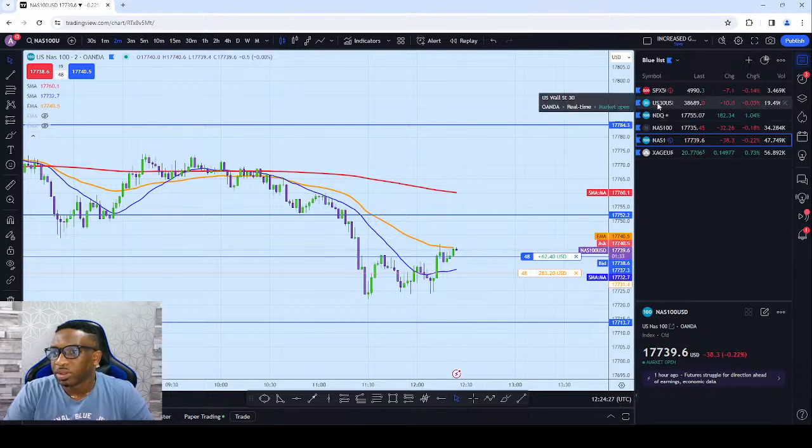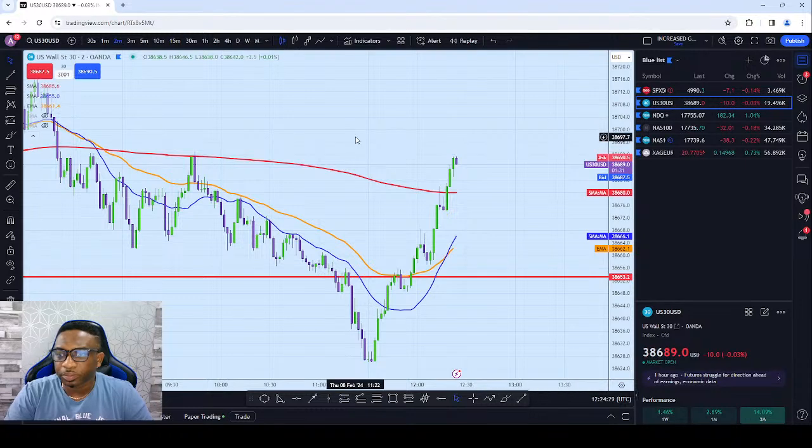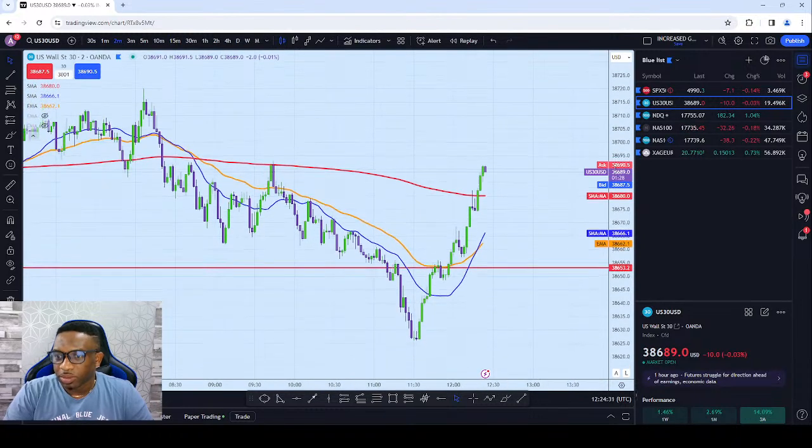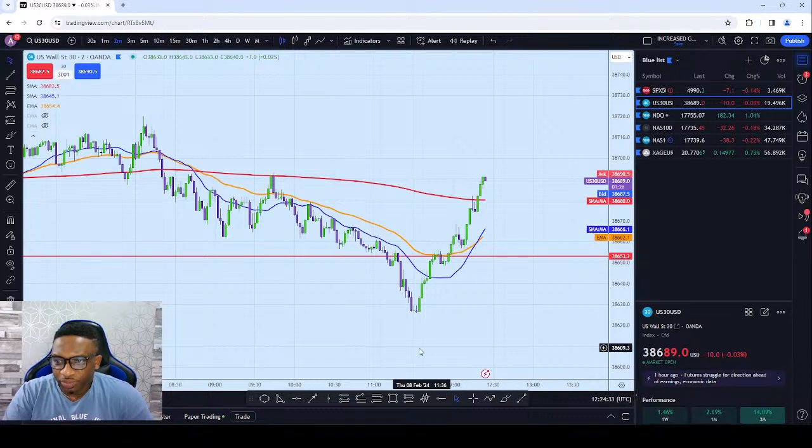So let's look at US 30. US 30 is quite in the move, quite a nice move up.